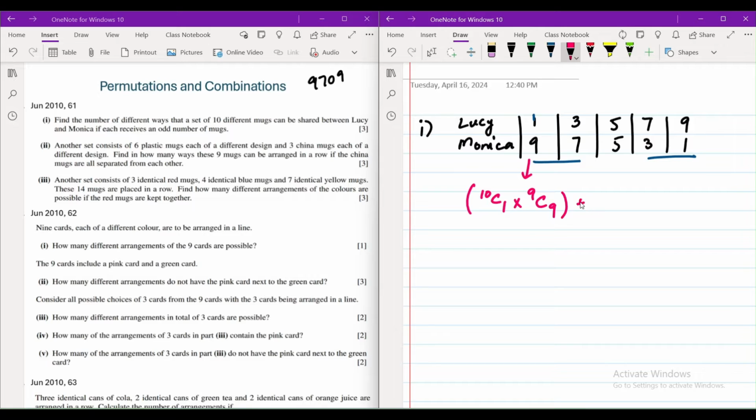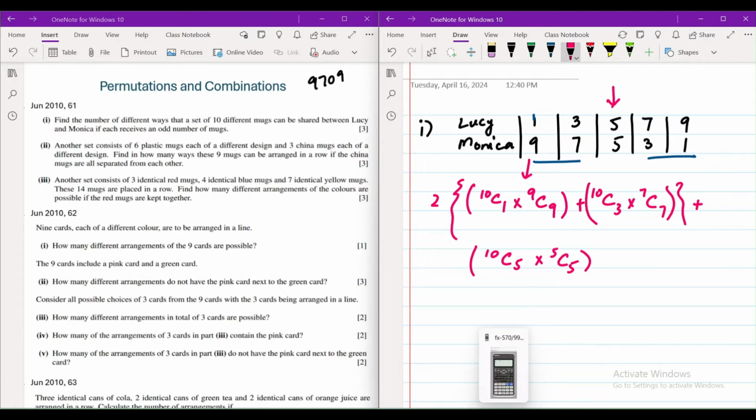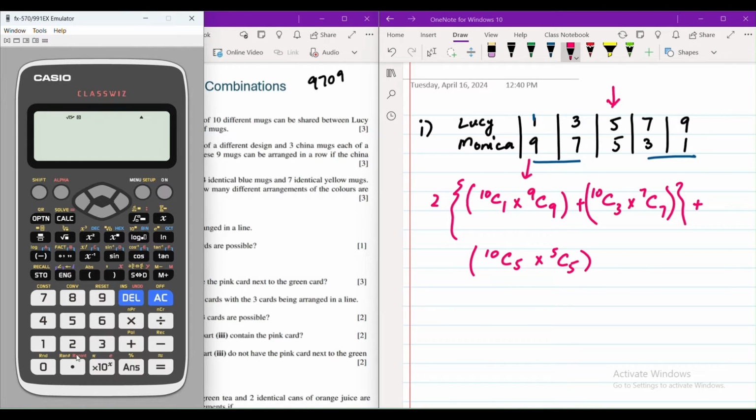Then plus 10C3 times by 7C7. These two are multiplied by 2 plus this one, 10C5 times by 5C5, and that's it. So let's calculate for them.